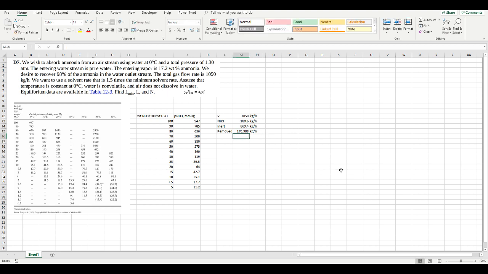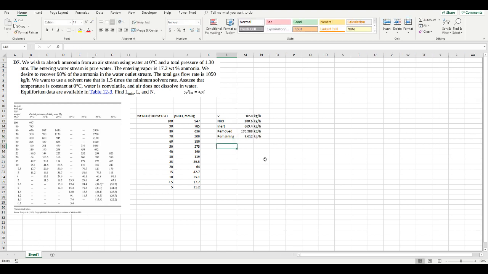And so in terms of remaining ammonia in the stream, we have 180.6 minus 98.